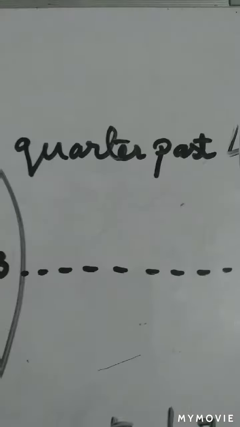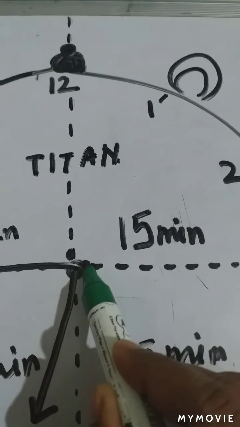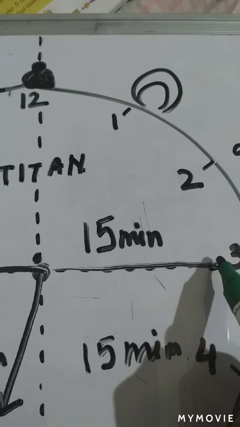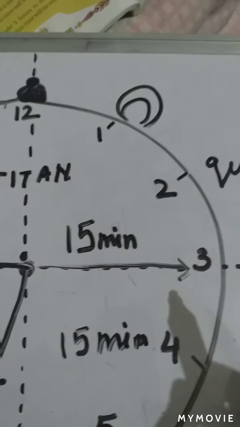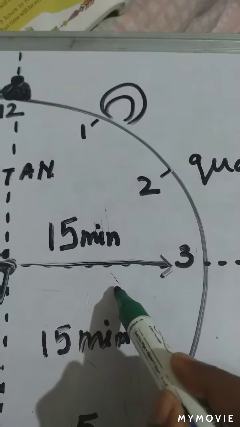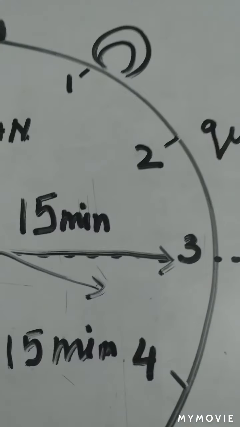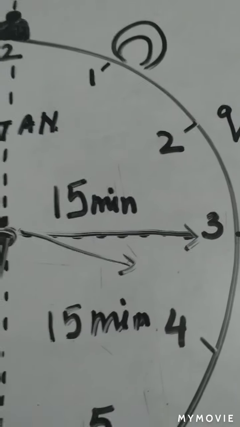Quarter past 4 will be, the minute hand will be somewhere here on 3, showing 3, and the hour hand will be somewhere between 3 and 4. It will be something like this. This is 4:15. Okay, I hope you have understood what is quarter to.